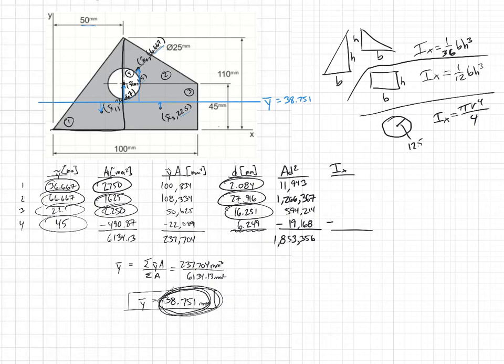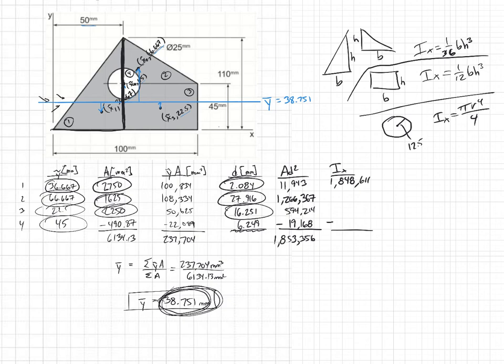The IX there should obviously be the strongest one because it's the most vertical. We're trying to bend it around this axis right here. So the more vertical you are, the larger your ability to resist that bending is.